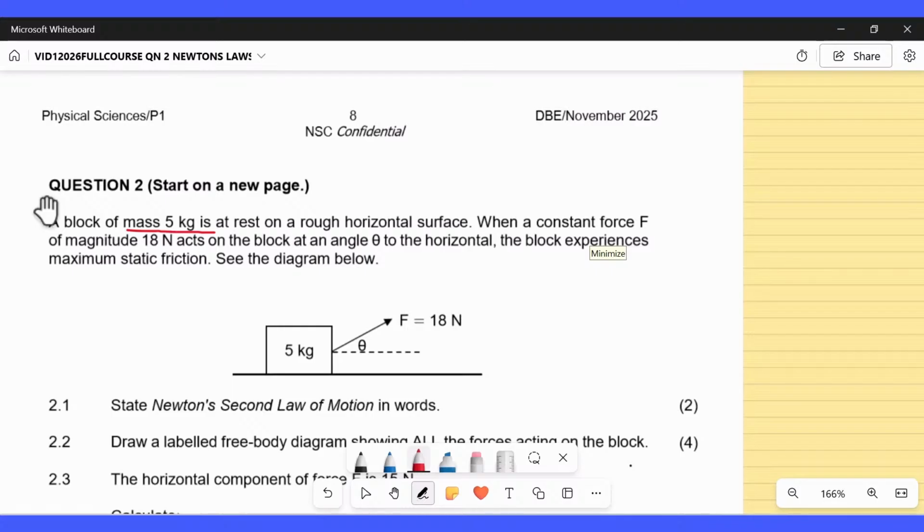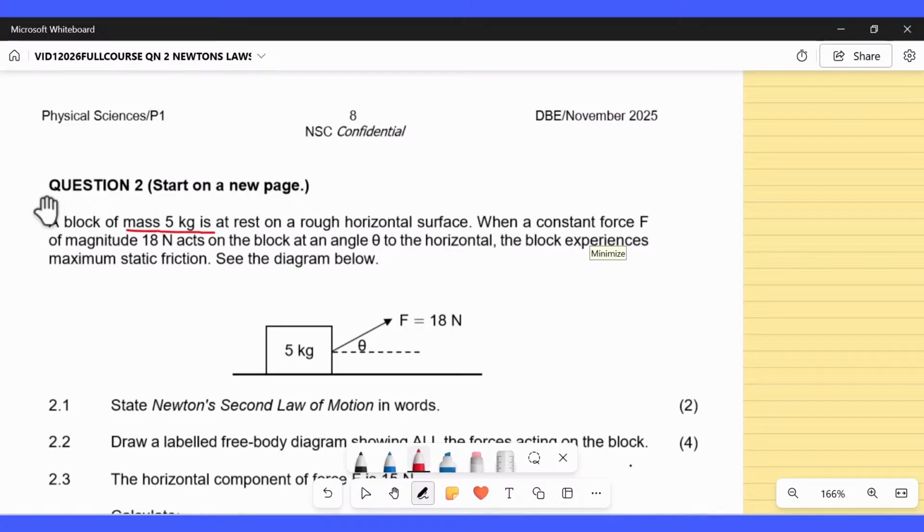of magnitude 18 newtons acts on the block at an angle theta to the horizontal, the block experiences a maximum static frictional force. The block experiences what? A maximum static frictional force. And then they say, see the diagram below.